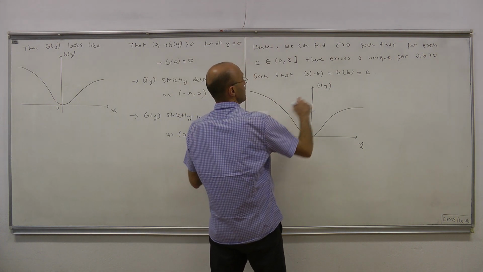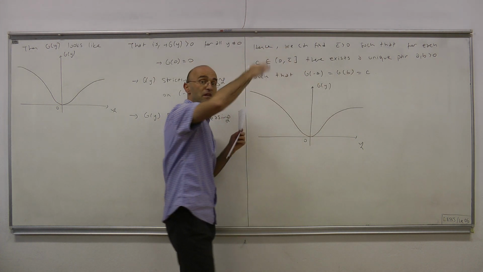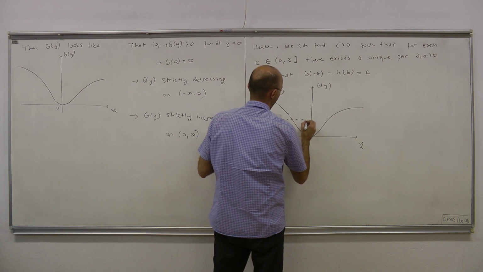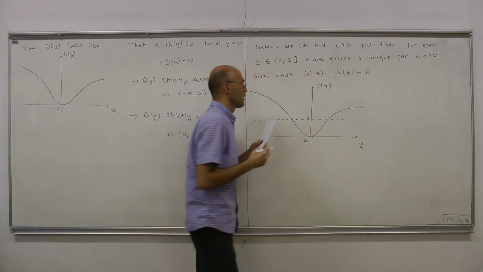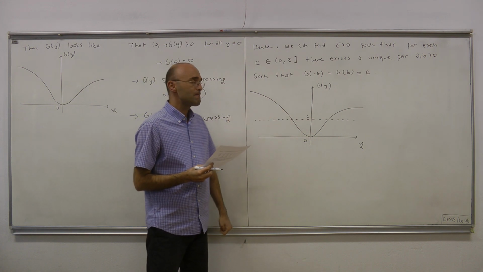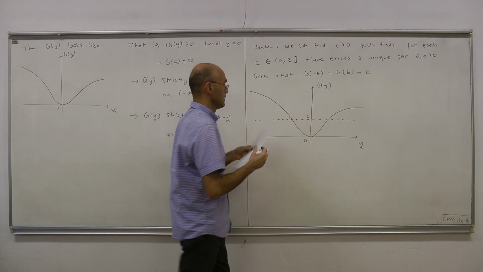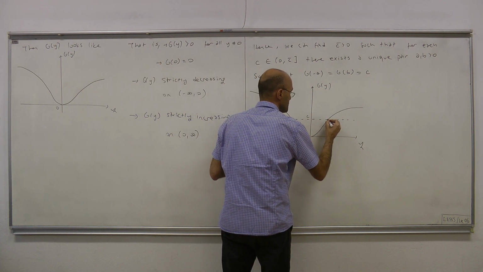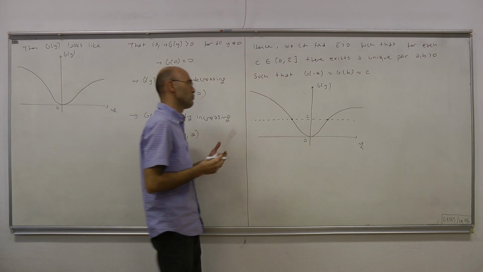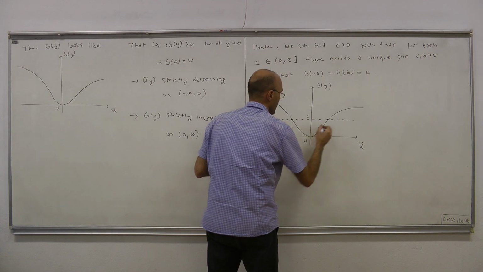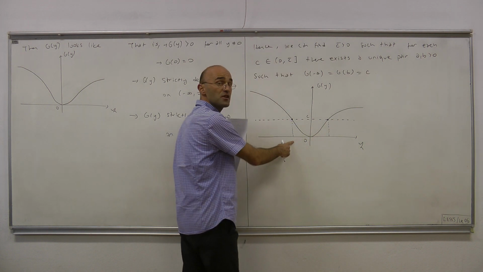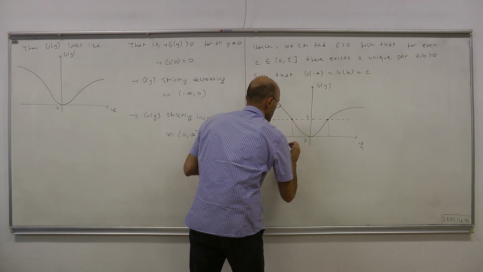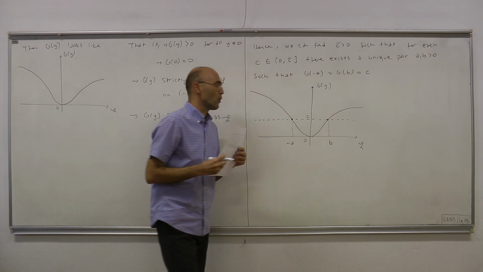Then you can find a C bar such that below that C bar, if you cut this curve with a horizontal line passing through this height of C units, it intersects the curve exactly at 2 points. One of them is on the left, the other on the right. This y coordinate we call minus a, and this one we call b.